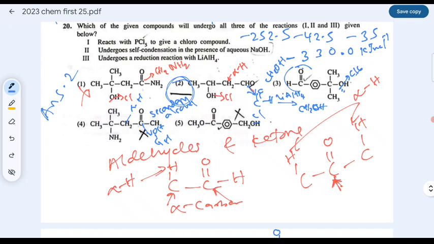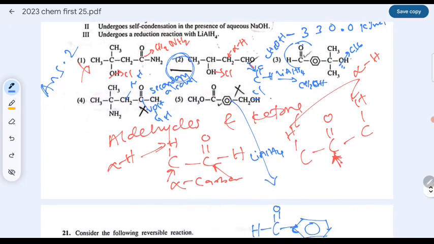Yes, when this undergoes reduction reaction with lithium aluminium hydride, right, it gives what? The part with benzene forms CH2OH, and this other part also becomes an alcohol, CH3OH, right? Okay.